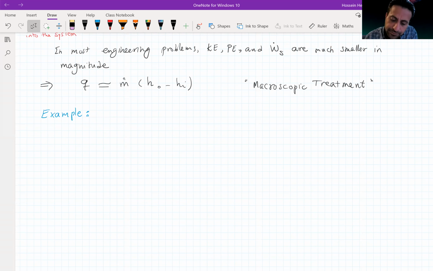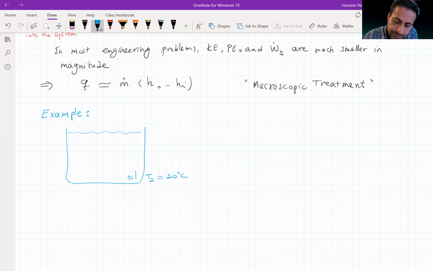let's say we have an iron bar at a high temperature. So this is the oil at the lower temperature. I'm just going to put T2. Let's assume this is 20 degrees C, just an assumption.